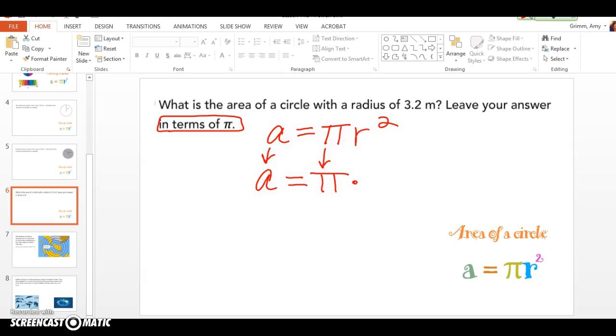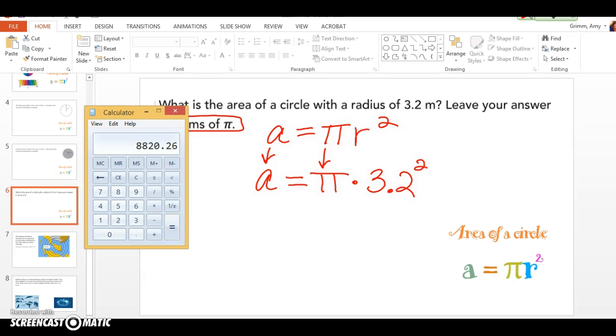Yes. 3.2, good. And then I know I need to square it. Okay, so I'm going to go to my calculator and do 3.2 times 3.2, and I get 10.24. So now I have pi times 10.24. Is that the correct way to write it? No. What do I need to do?